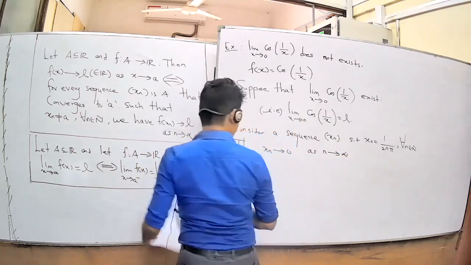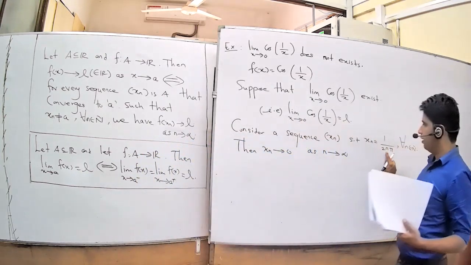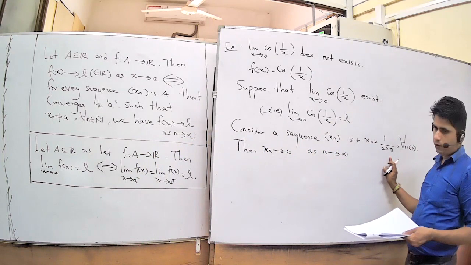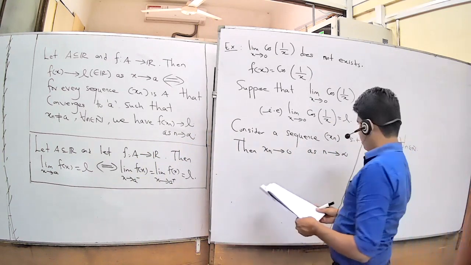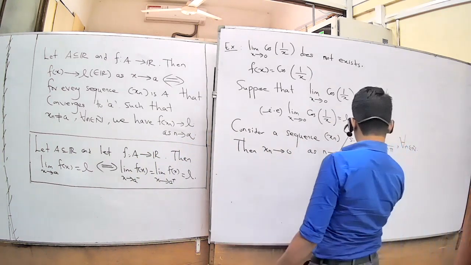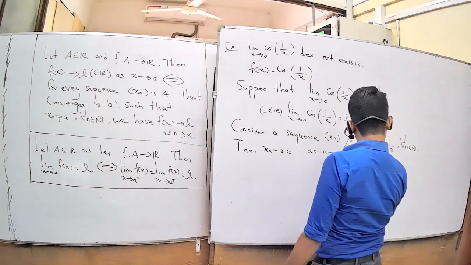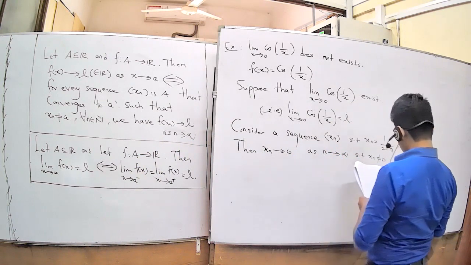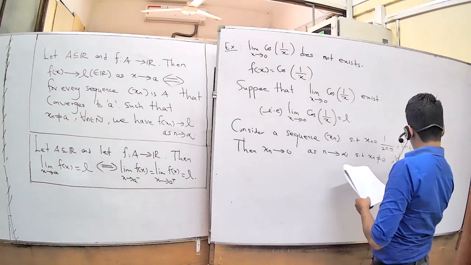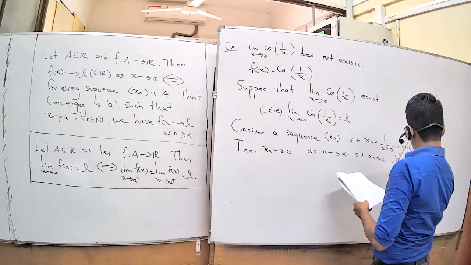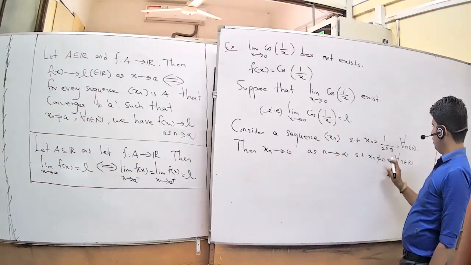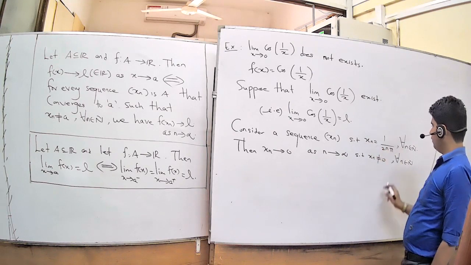Such that Sn does not take the value 0 for all n belonging to the natural numbers.